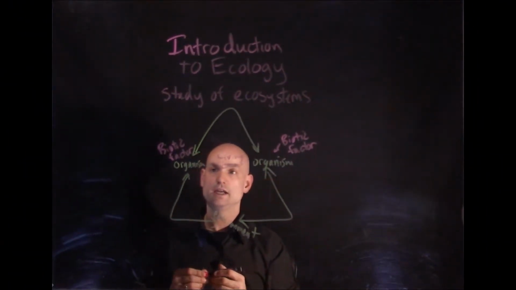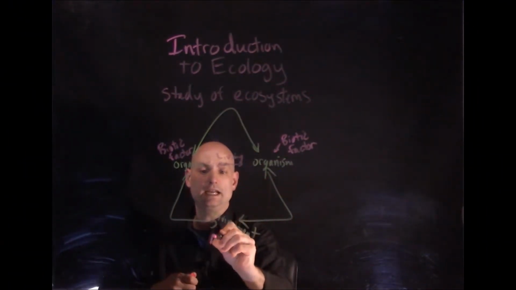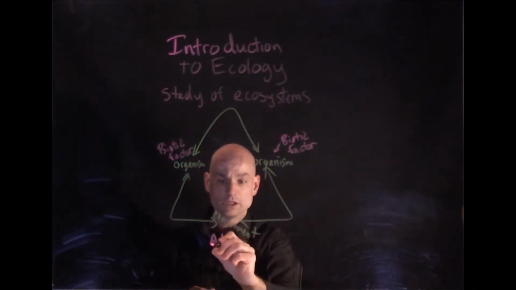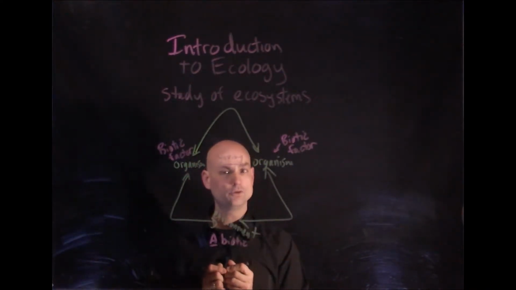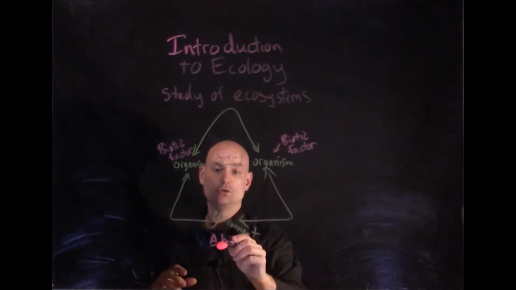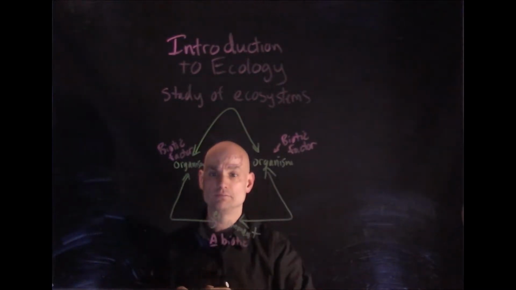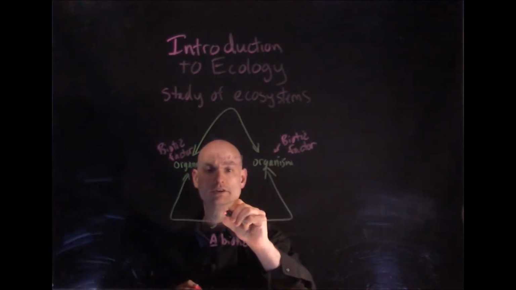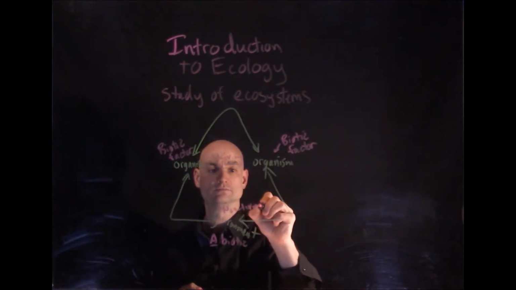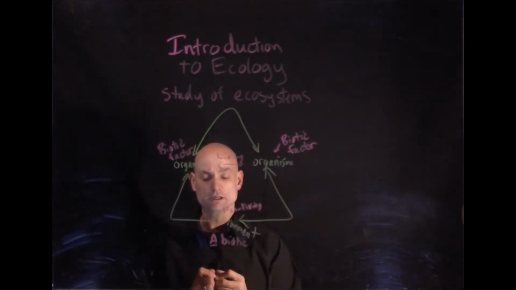Okay? And we also have the abiotic. Little tip here, anytime you put the letter A in front of a word, at the beginning of a word, it means not, or without. So this is without life. So it's non-living. So these are non-living factors. So more about that in a moment.